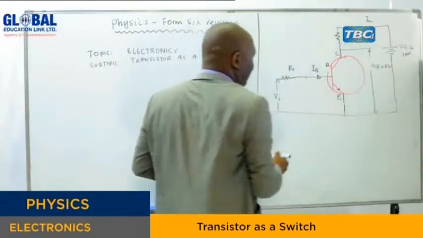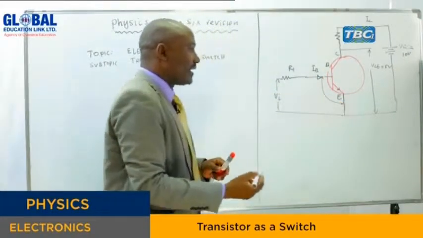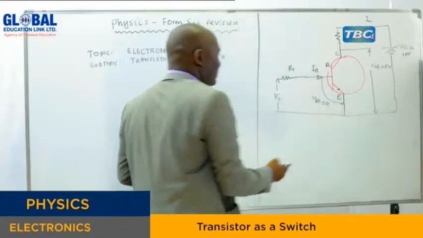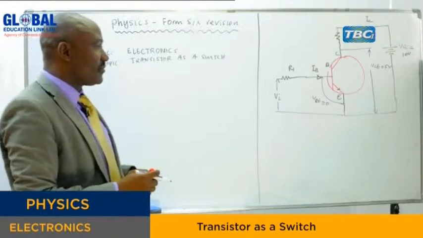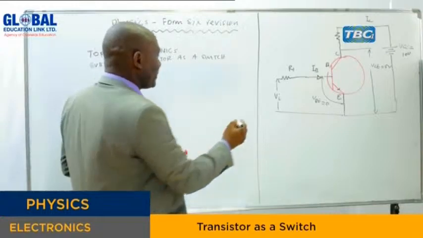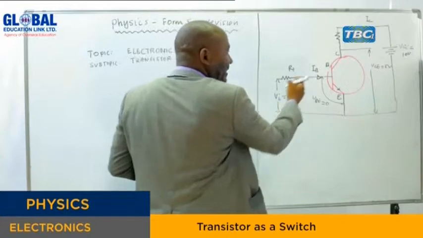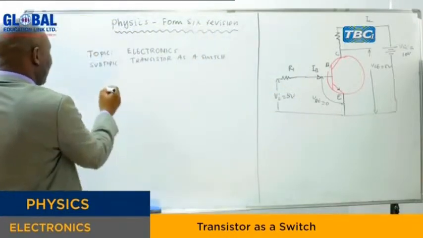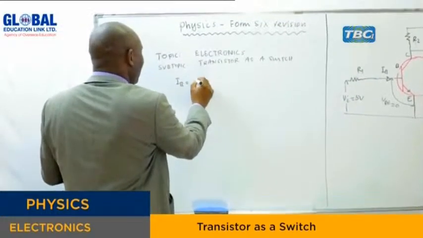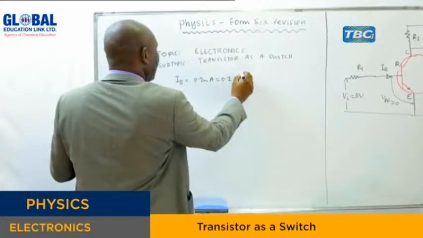The voltage across that junction here, VBE, we are told to neglect; it is approximately equal to 0, a very small value. We are given the input voltage here as 5 volts. The base current and the collector current are given. So base current IB is given as 0.2 milliampere, which is 0.2 times 10 to the negative 3 ampere.